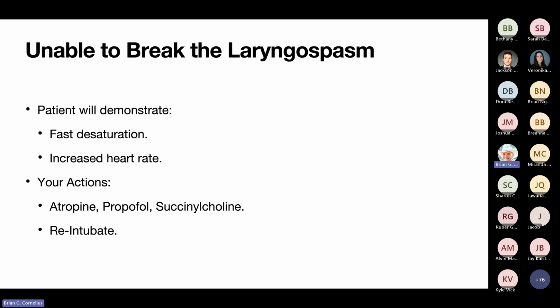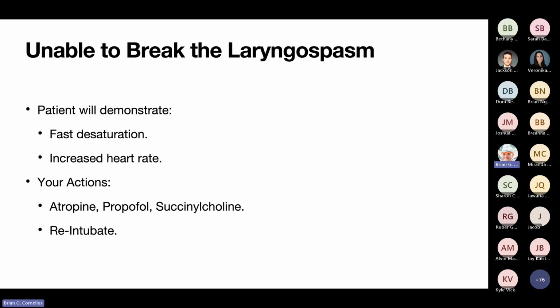So you may be able to give them 20, 30, 50 of prop, and it's enough to break that laryngospasm. It doesn't always work out that way, but because it's something you can do quickly, it works out most of the time. If I had propofol sitting there and I had sux sitting there, sux would obviously be my go-to, but I may not have it quite as quickly available.